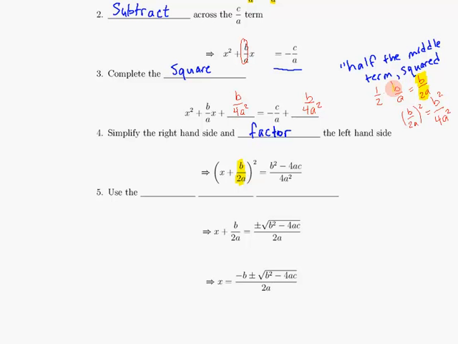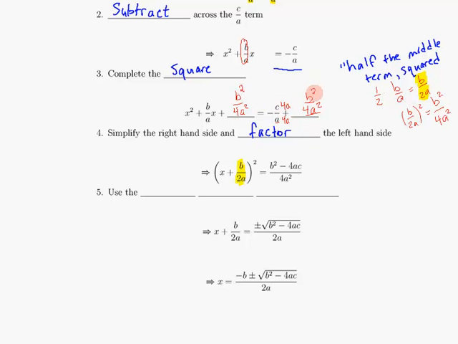So the left-hand side becomes x plus b over 2a quantity squared. On the right-hand side, all I did was find the common denominator. The common denominator between a and 4a squared is going to be 4a squared. So I've got to multiply in a 4 and an a on the bottom and a 4 and an a on top. By the way, this should be squared here and here. Sorry for that mistake.